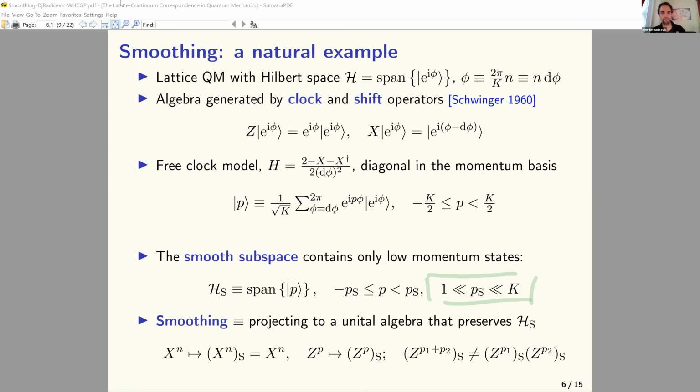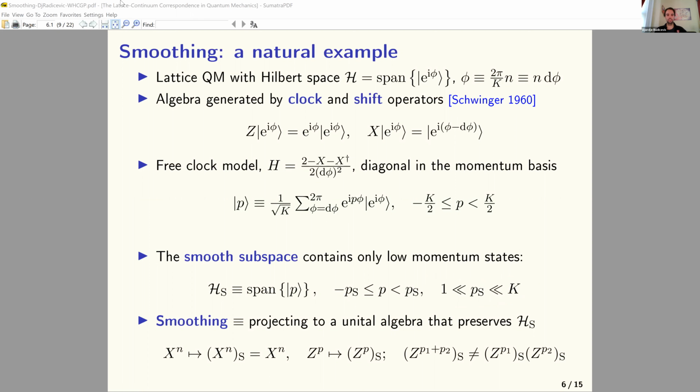So let's just imagine that in the momentum basis, we restrict each operator to a 2PS times 2PS block corresponding to these low momentum states, and then we allow just the diagonal to exist outside of that. So this defines a projection that's given here.